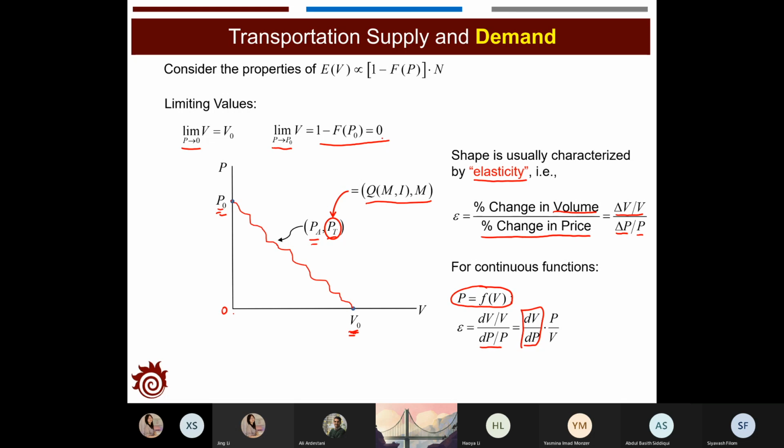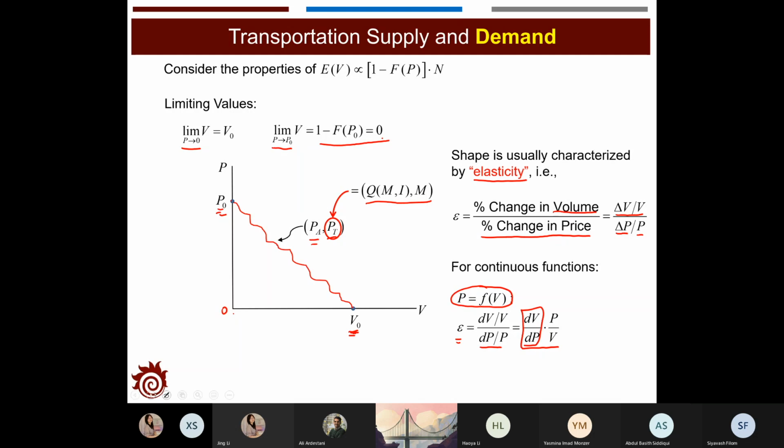If the function is a continuous function, then we can derive that the elasticity equals dV divided by dP times P divided by V. That's the general definition of the elasticity.